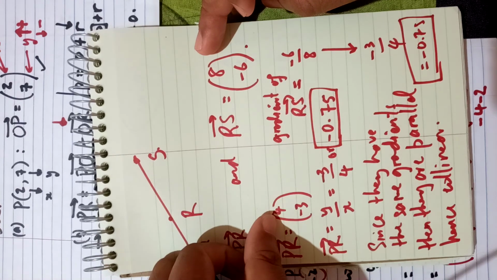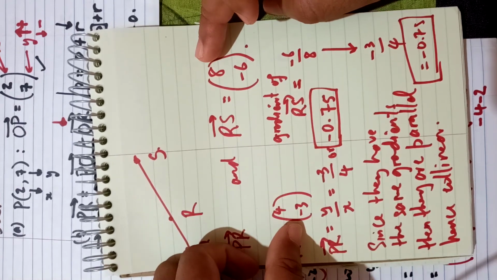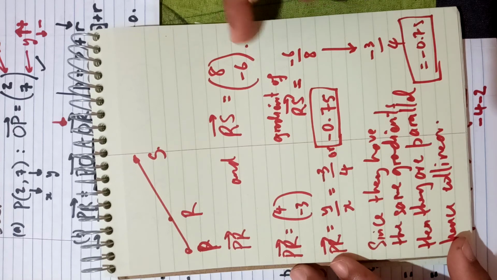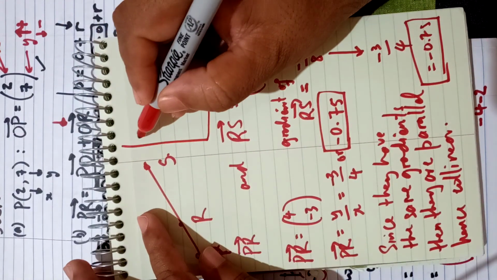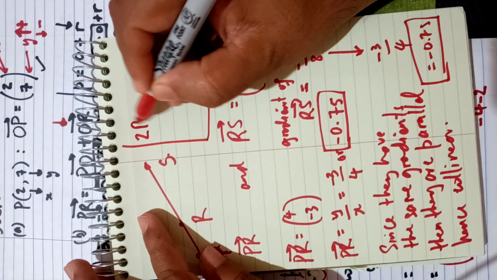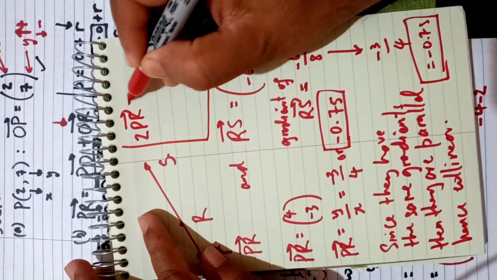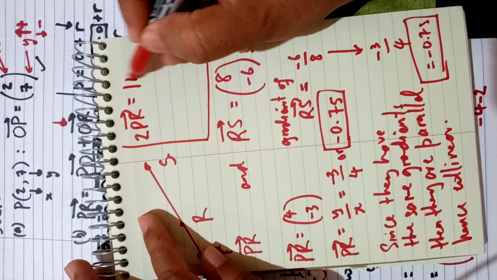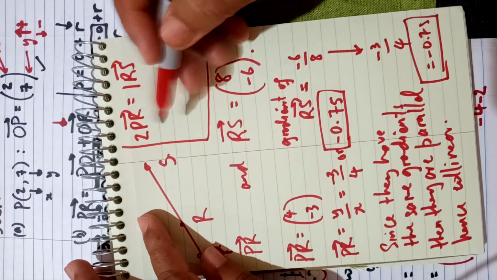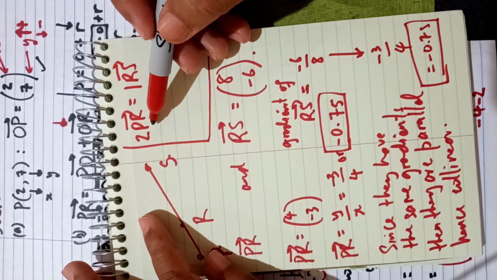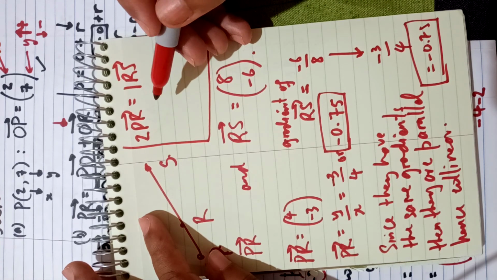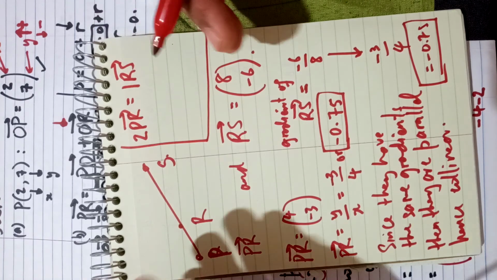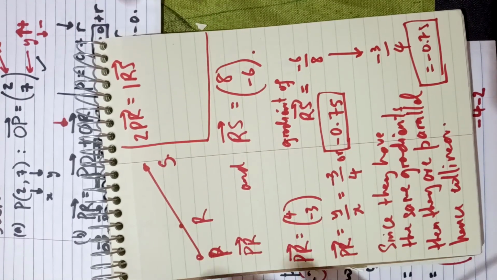Look at this. 2 times 4 is 8. 2 times negative 3 is negative 6. So method number 2: 2 PR from observation is equal to 1 RS. Since PR is a scalar multiple of the other vector, the two vectors are parallel. And if they're parallel, then they are collinear.